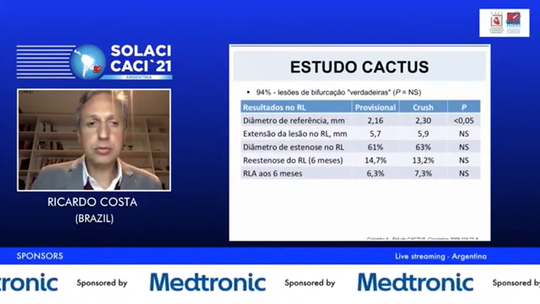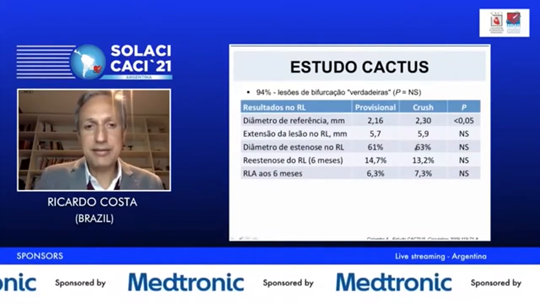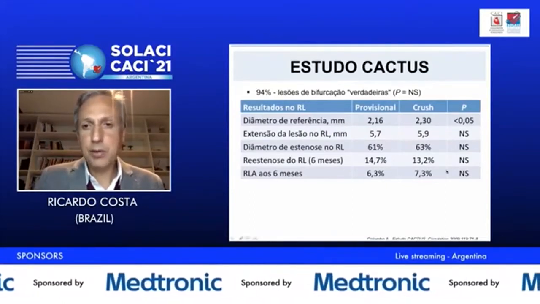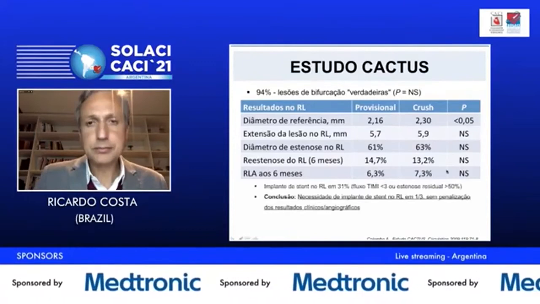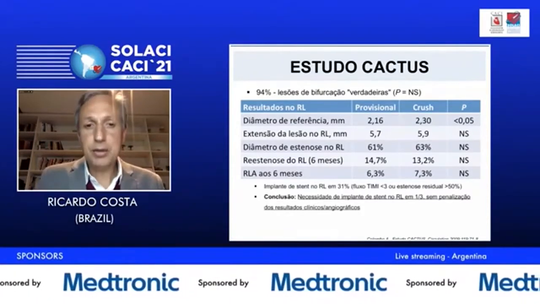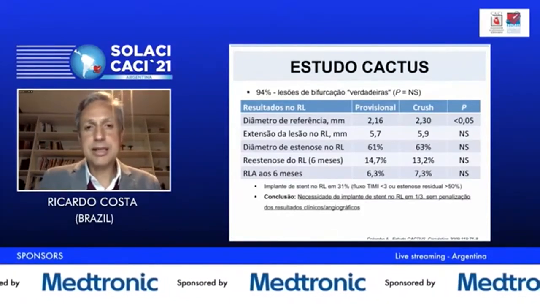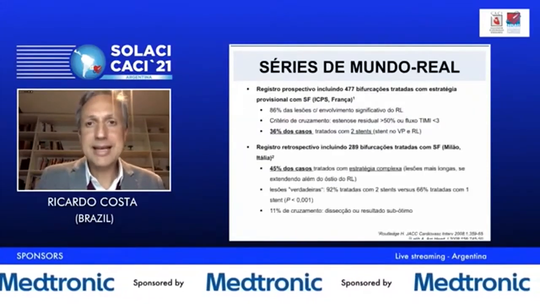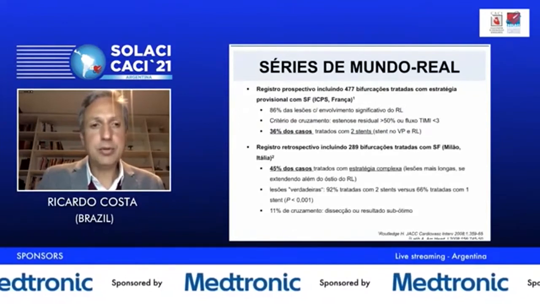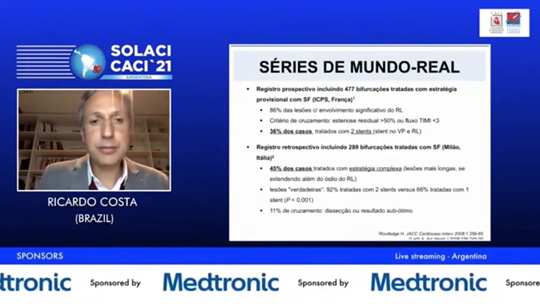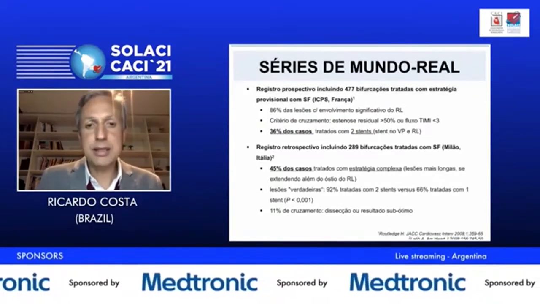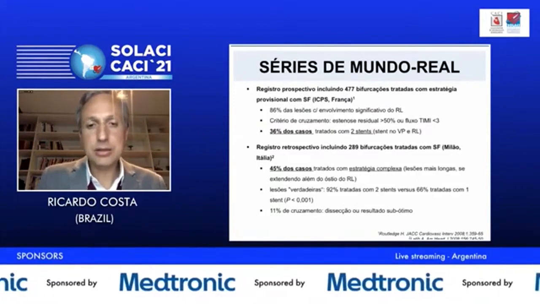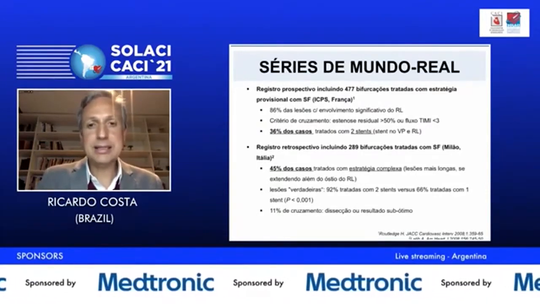This is another trial, the Cactus trial, with more severe stenosis. We find no difference between the 2 groups, but 30% of the cases in the side branch used the simpler strategy. In the actual cases, 36% may receive a 2-stent technique.